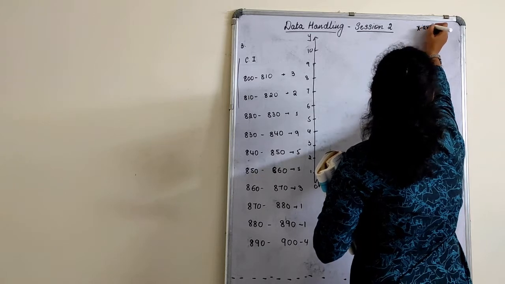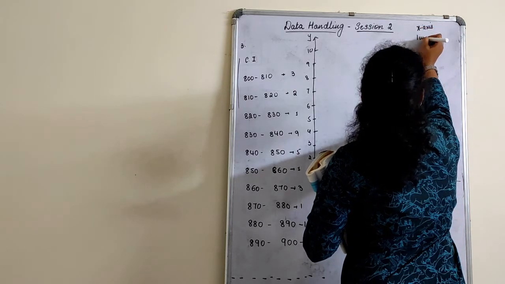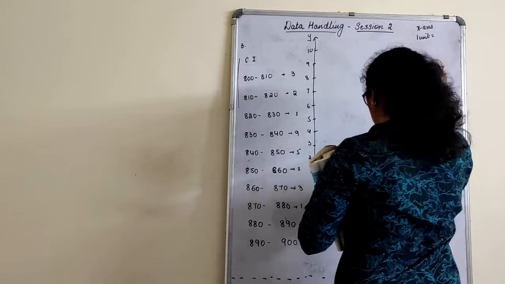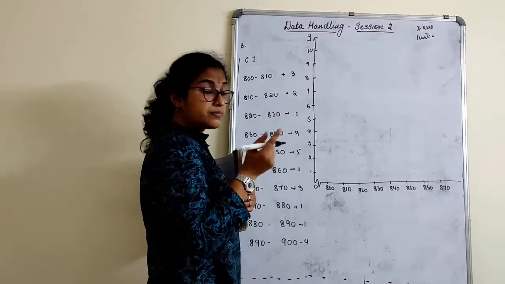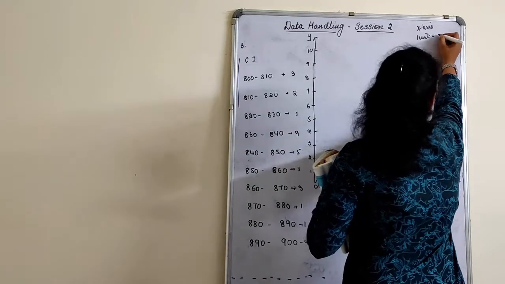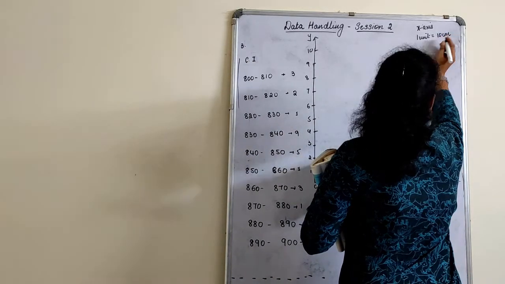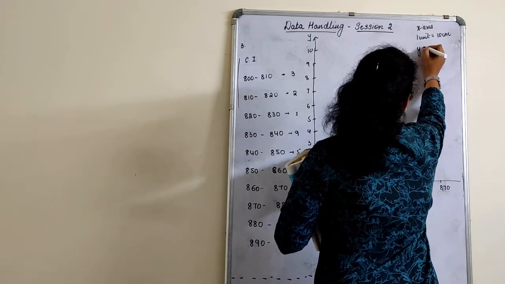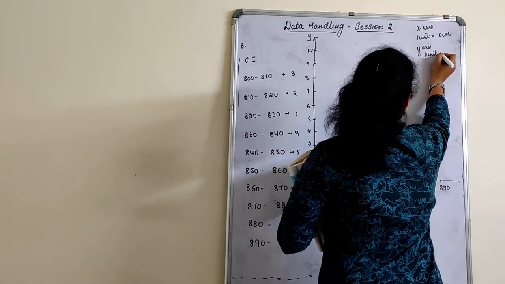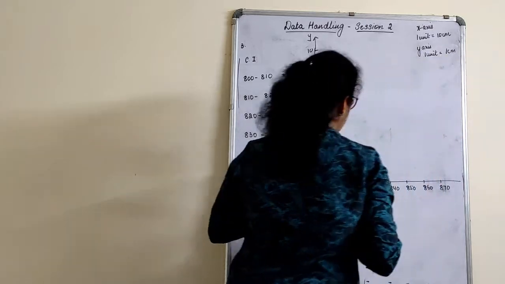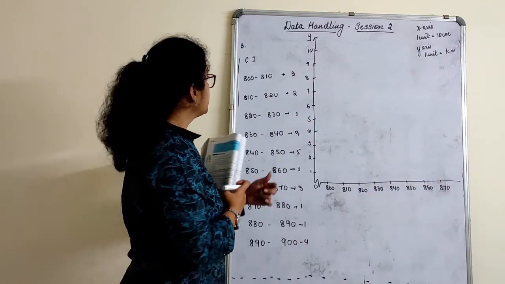X-axis: 1 unit is equal to 800 to 810. How many centimeters, children? Of course, 10 centimeters. Then y-axis: 1 unit is equal to 1 centimeter. Very clear? Okay. Now read.